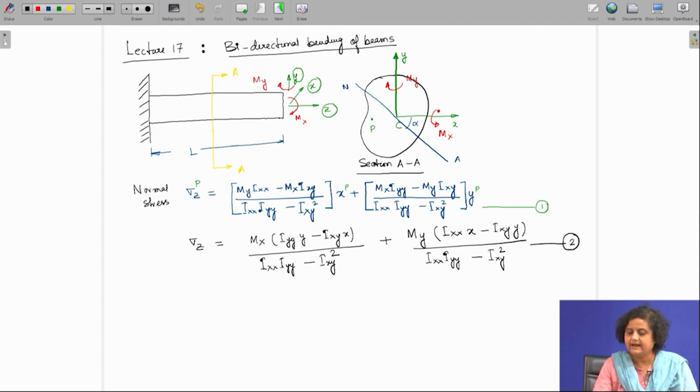So, I can rearrange equation 1 in the form of equation 2, where I separate out the coefficients of the moments Mx and My separately.